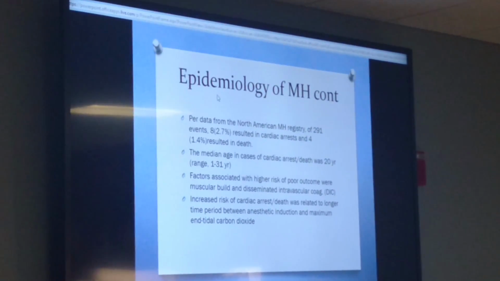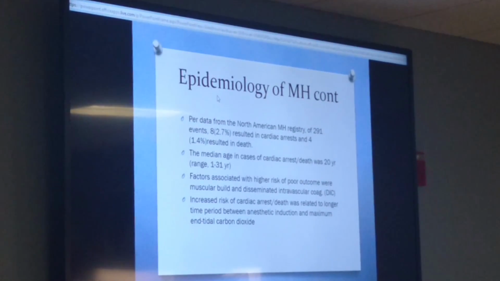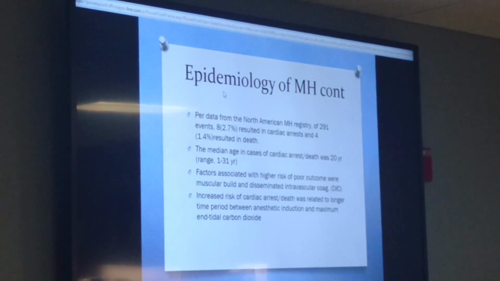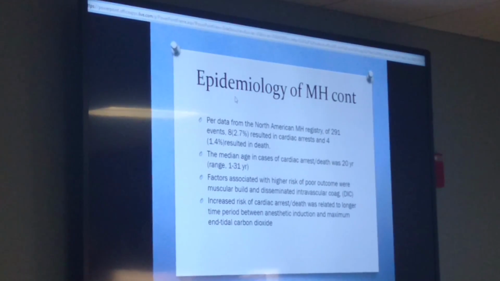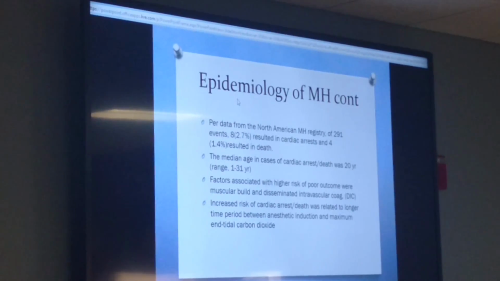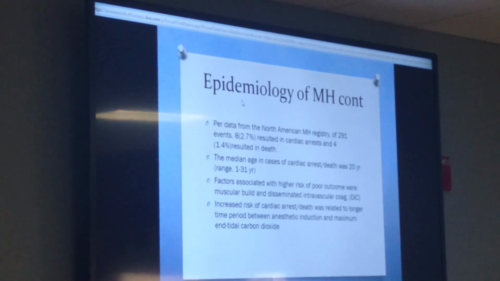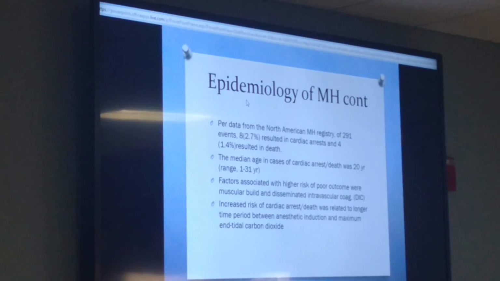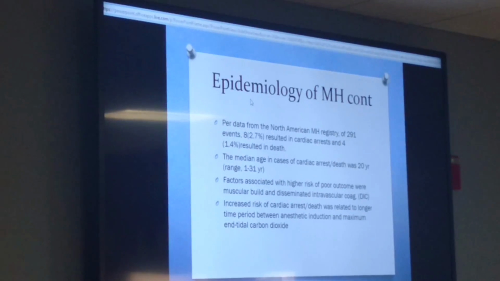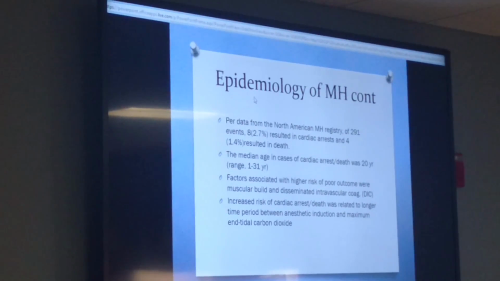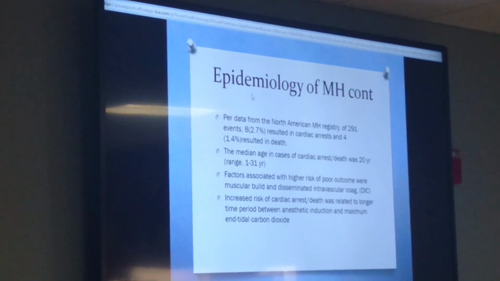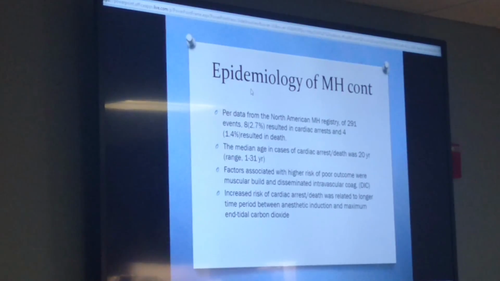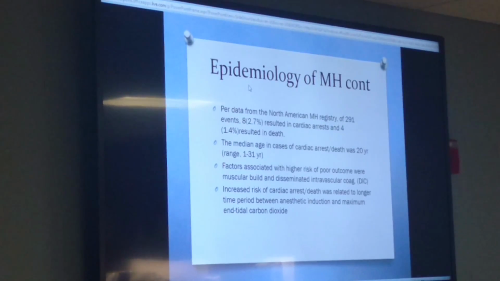Okay, per data from the North American MH Registry, of 291 events, 8, which is 2.7%, resulted in cardiac arrest, and 4, or 1.4%, resulted in death. So there's still death. 1.4% of these patients still die. The median age in cases of cardiac arrest was 20 years old, and they were doing an age range from 1 to 31 years of age.